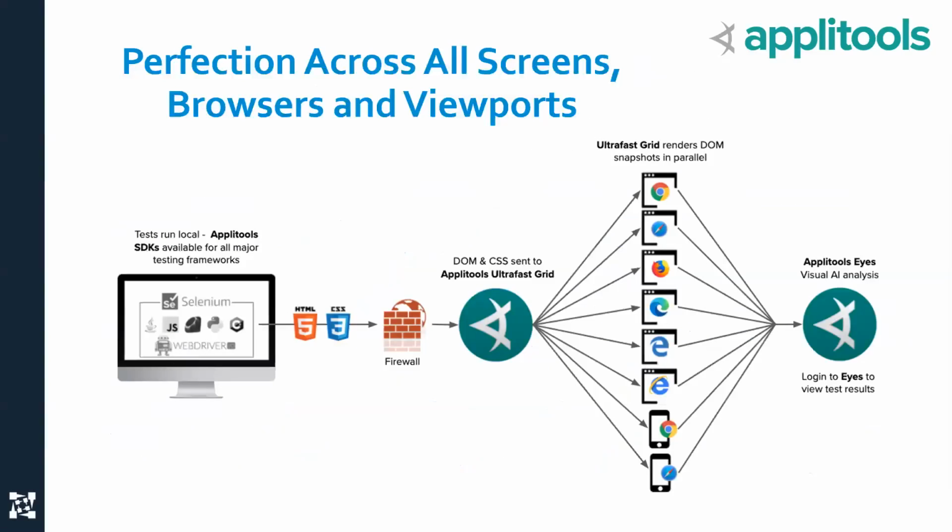I'm excited to tell you about the ultra-fast grid. This product is really innovative, right? We have a much different philosophy here at Tools when it comes to cross-browser testing than a lot of the cloud providers out there. Our approach to cross-browser testing is that modern browsers are working with JavaScript all in a very similar manner.